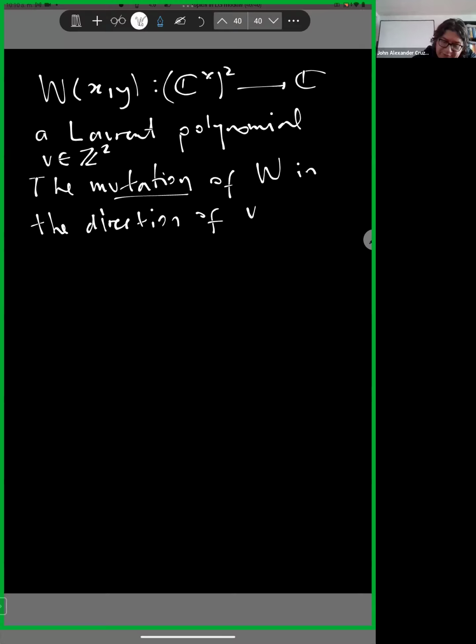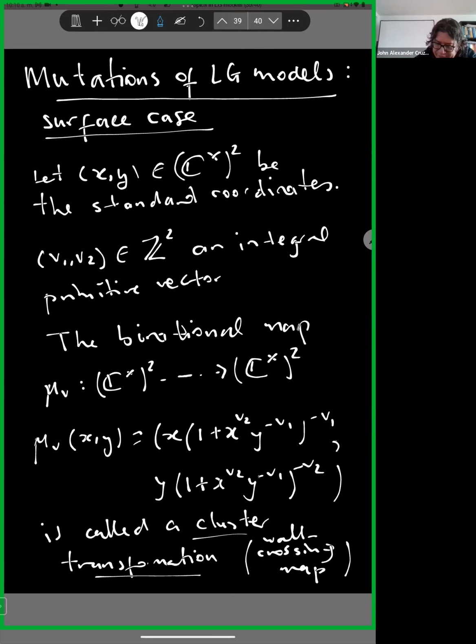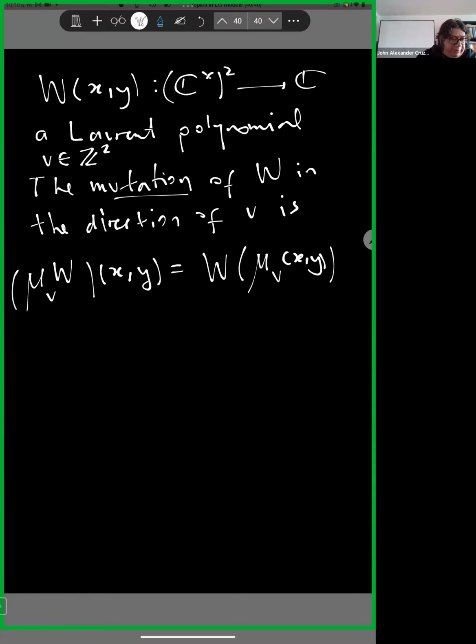We denote this by mu_b(W), and the definition is given by the following formula. I will modify the coordinates according to the map mu before: mu_b(W) is W(mu_b(x, y)), where mu_b is the map defined here. That's the mutation in the direction of b.